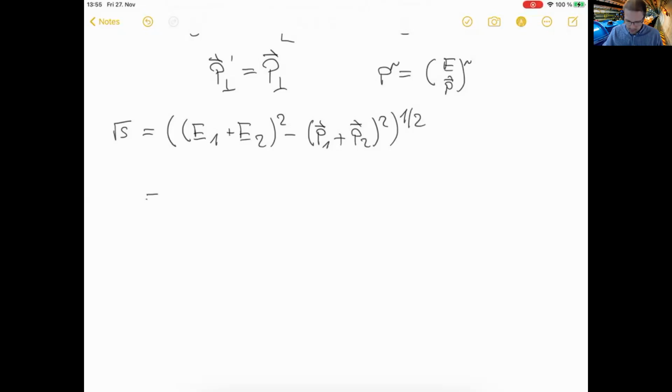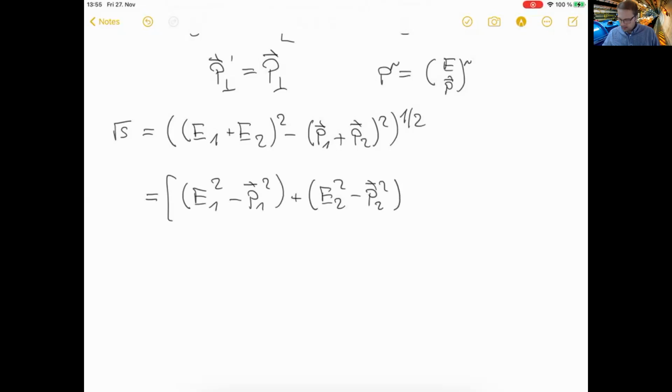We can write this, by means of simple rearrangement, as: we take E1 squared minus p1 squared, then we have E2 squared minus p2 squared, and then we have 2 E1 E2 minus 2 p1 dot p2, that's a three-component inner product. And then we take the square root.